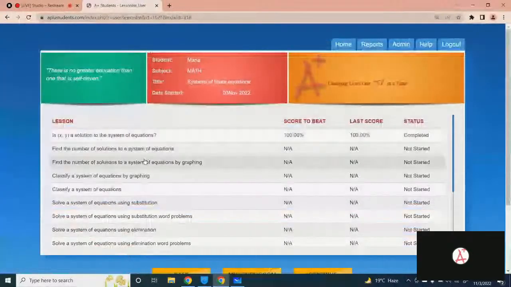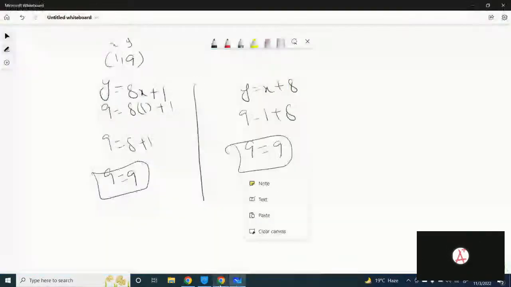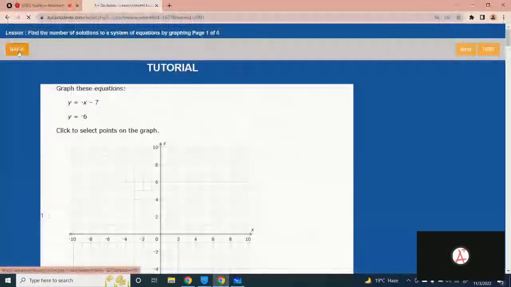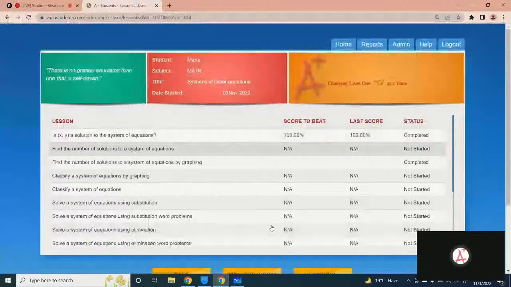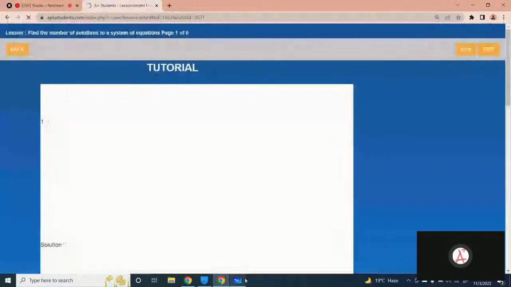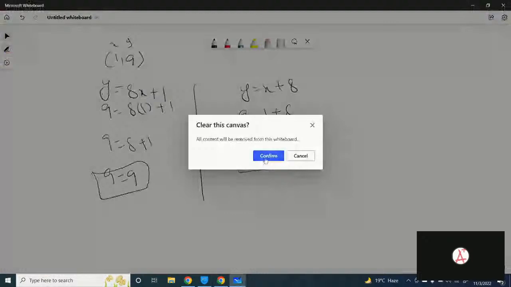Let me write down the lesson name on the board: find the number of solutions to a system of equations.